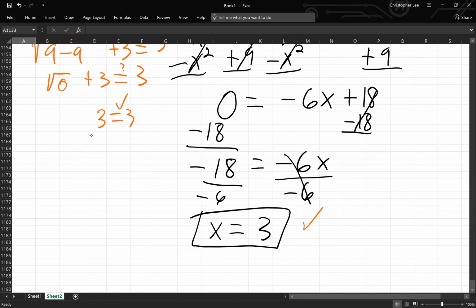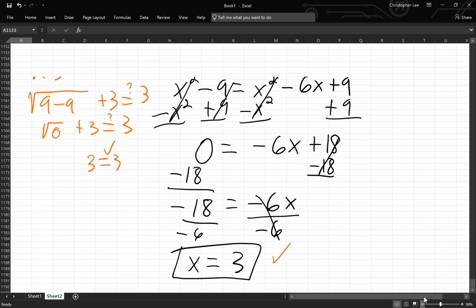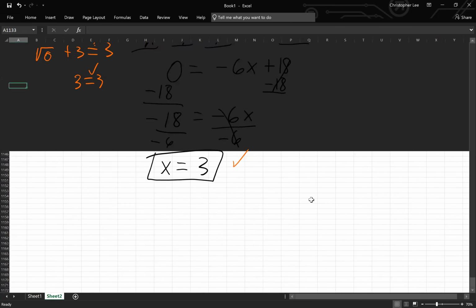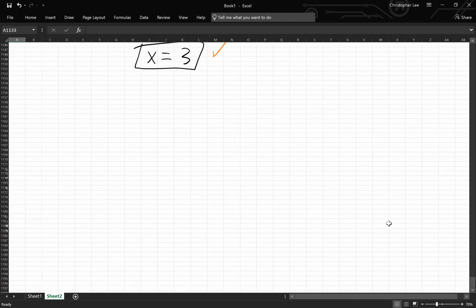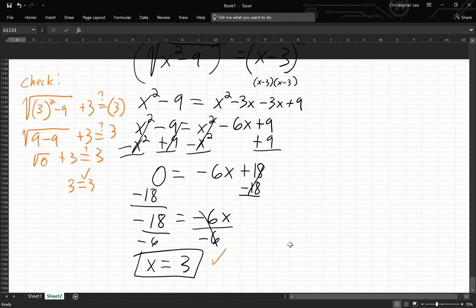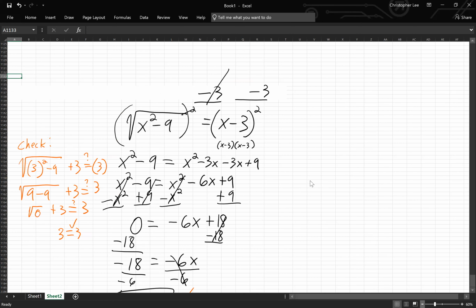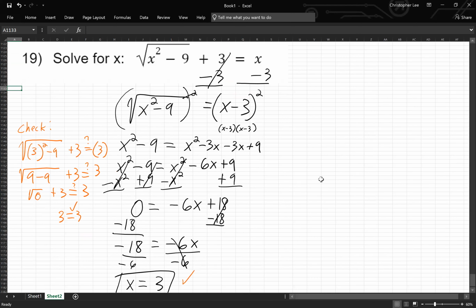That's an answer. All right? You have to check. You don't have to, right? Just to be sure, because you don't know. Like last test, you might have got an answer, but it wasn't an answer, you know? Anytime you see radicals, check. Anytime you see fractions, you check, right?